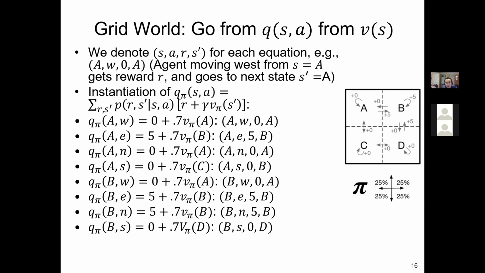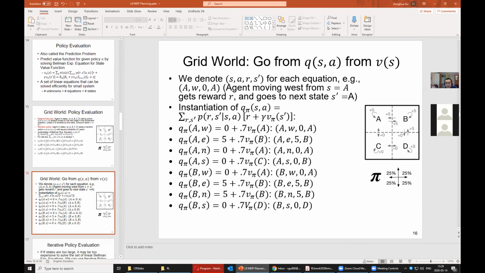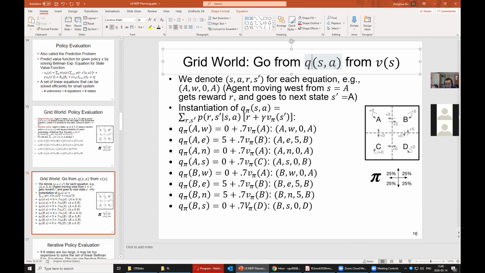So as I said, you can always get a Q from a V given the MDP model, which you know. So it should go from V pi to Q pi.